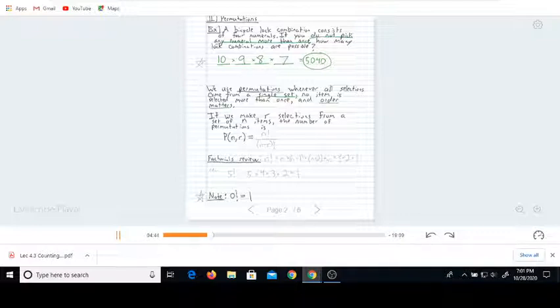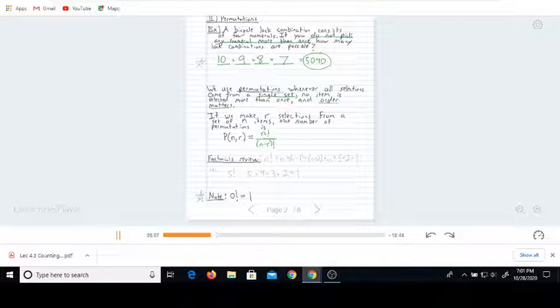So basically, all choices come from a single list, no repeats, order matters. And if we want to compute the number of permutations, then that is given by n factorial over n minus r factorial. That's the formula for computing the number of permutations.